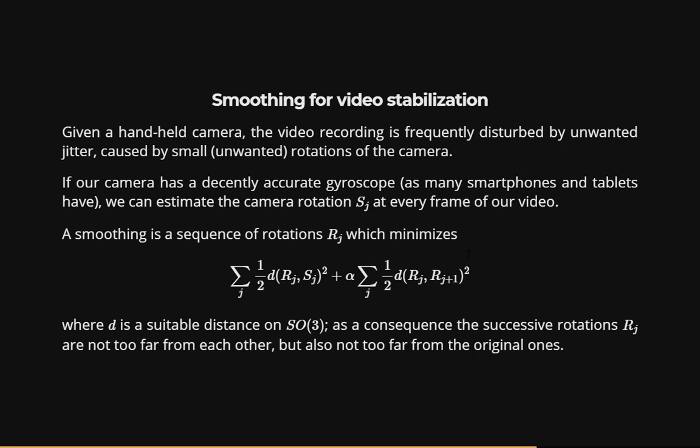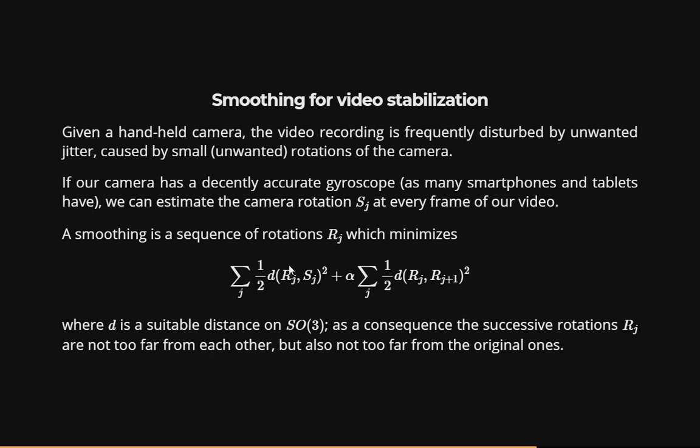A smoothing is a sequence of rotations that minimize this function. So what we are doing here, we are given the camera rotations, which happen, and want to find other rotations such that the distance from one rotation to the next one is controlled, but they also stay close to the original ones. Why?